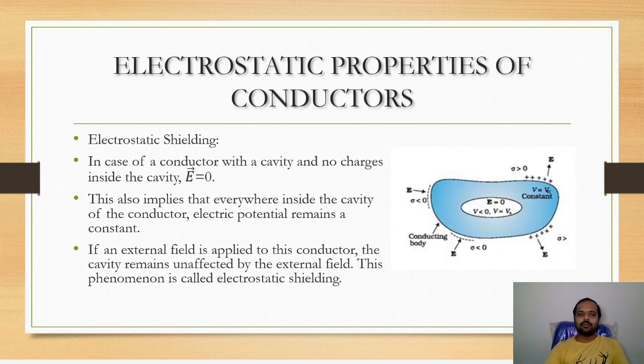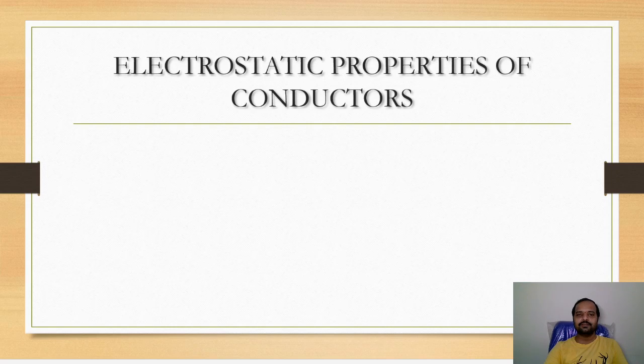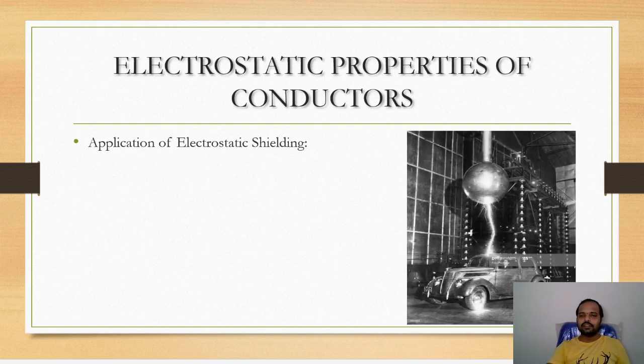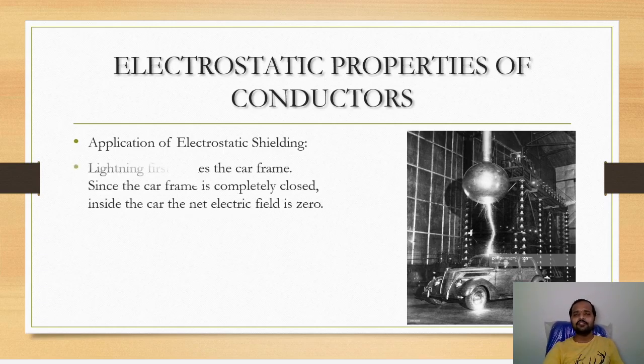Now to understand more about this, let us take the example of the car being struck by lightning and what happens in it. So this is also one of the applications of the electrostatic shielding. Now as you can see here, the lightning is continuously striking a car, and you can see that the car is unaffected by it. The reason is very simple.